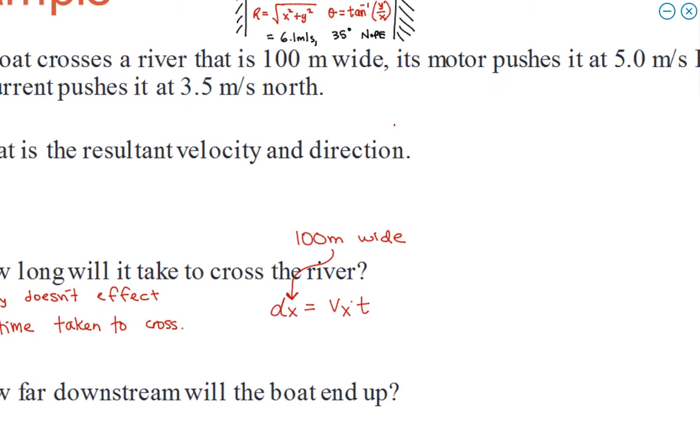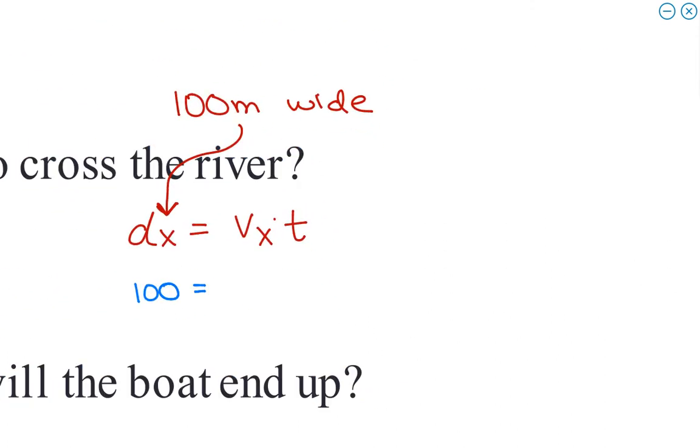So 100 equals 5t, so t is clearly 20. Just divide by 5. 20 seconds.